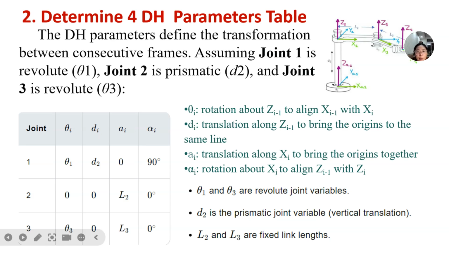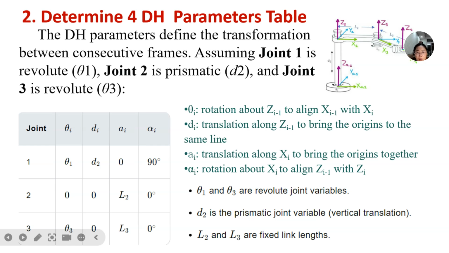Theta i means rotation about z(i-1) to align x(i-1) with xi. di means translation along z(i-1) to bring the origins to the same line. ai means translation along xi to bring the origins together.